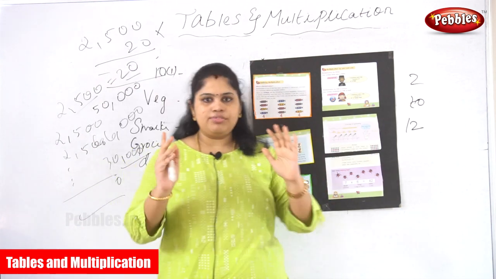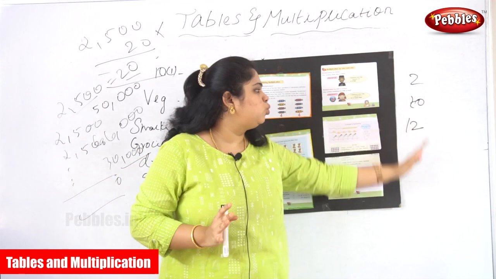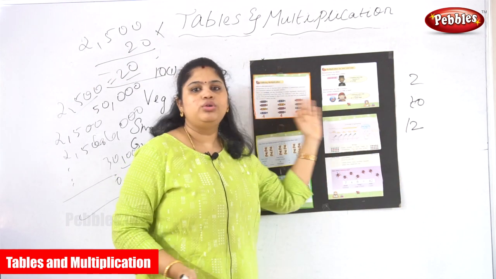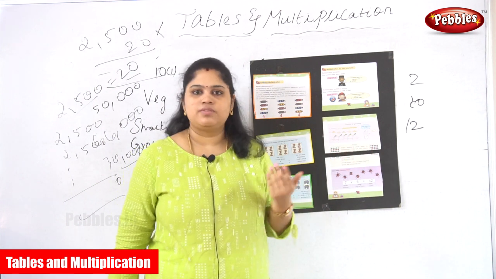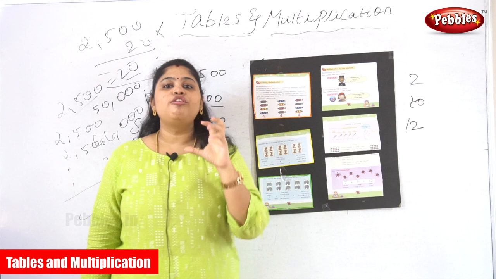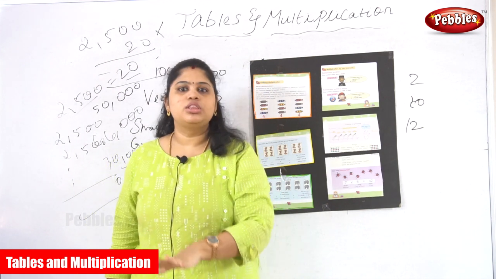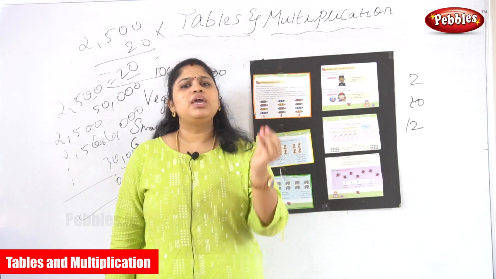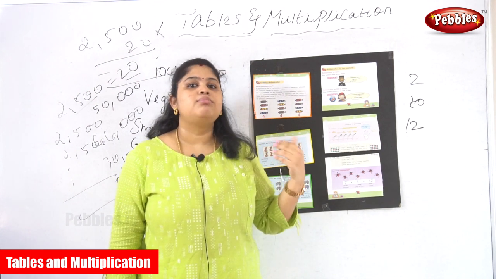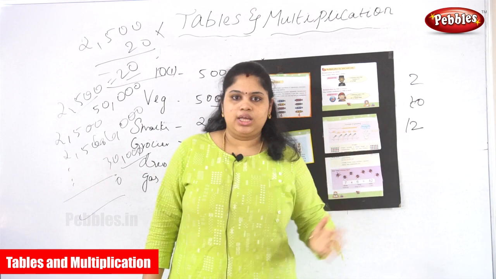If all of a sudden I introduce the 2 to 12 tables, I can teach it: 2 into 1 is 2, 2 into 2 is 4, 2 into 3 is 6. Yes, of course it's very easy to say it like this. But for second and third standard students, it will be quite difficult to learn and memorize the 2 to 12 tables.